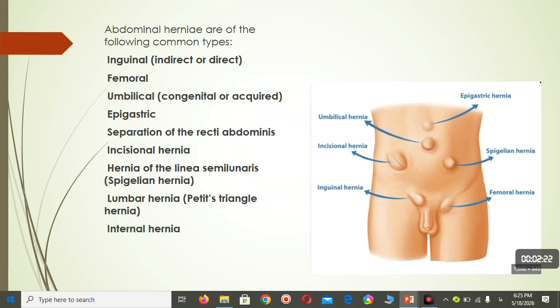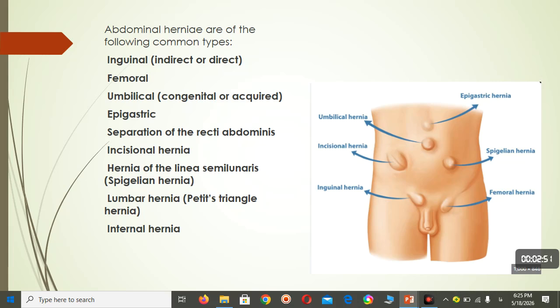This eminence is the hernial sac. In this sac we have coils of the small intestine. Maybe the small intestine comes superior to the inguinal ligament. It is named inguinal hernia.